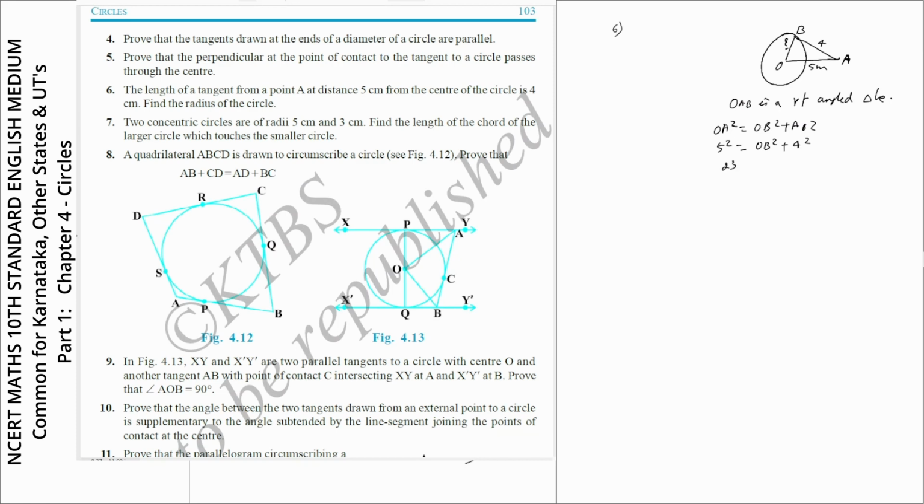So 25 is equal to OB square plus 16. So I'll bring 16 to the left hand side. 25 minus 16 is equal to OB square. 9 is equal to OB square. Therefore OB is equal to square root of 9, or OB is equal to 3. Therefore radius is equal to 3 centimeter.